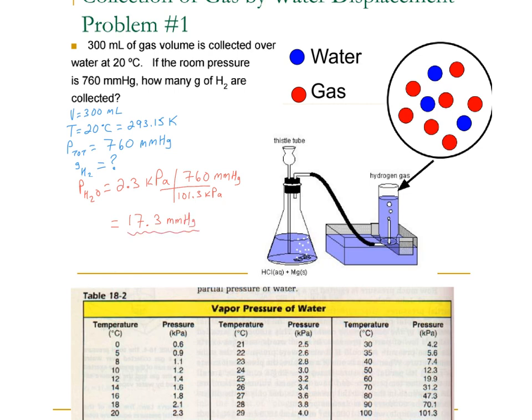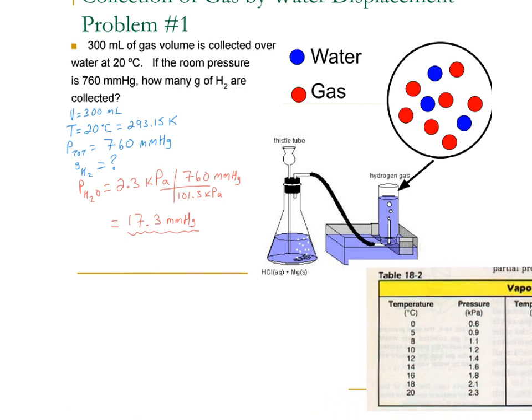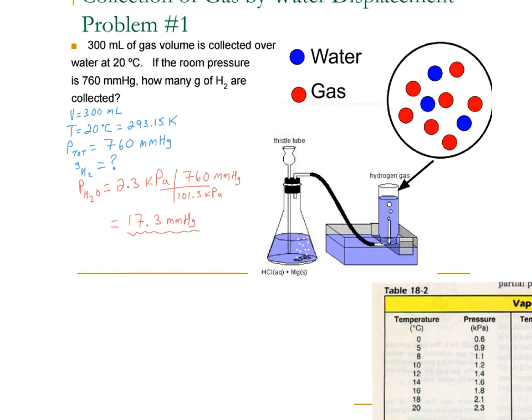Okay, so that total, that 760 millimeters of mercury, is the collisions of the water plus the collisions of the hydrogen. I just want the partial pressure of the hydrogen. I just want the collisions caused by the hydrogen. So what I need to do here is set up an equation.